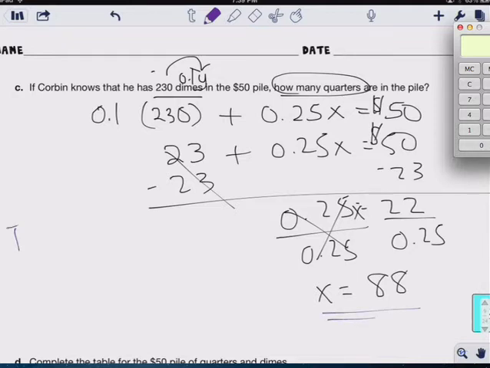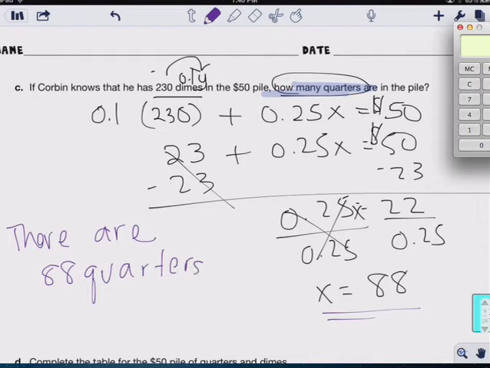Okay, there are 88 quarters with the 230 dimes to make the $50.